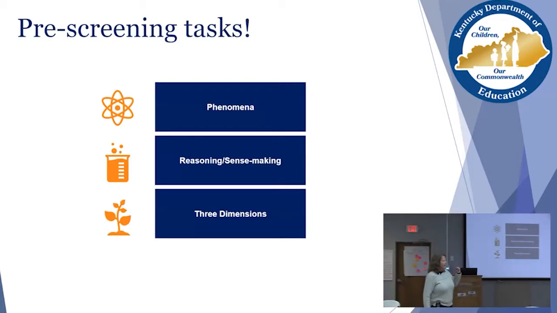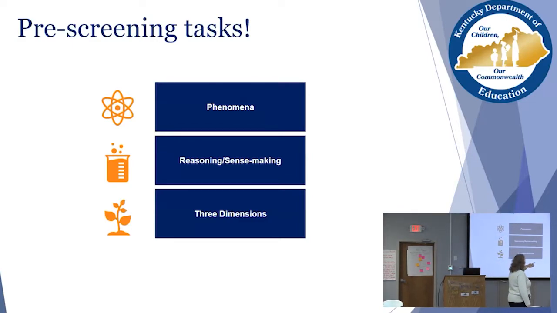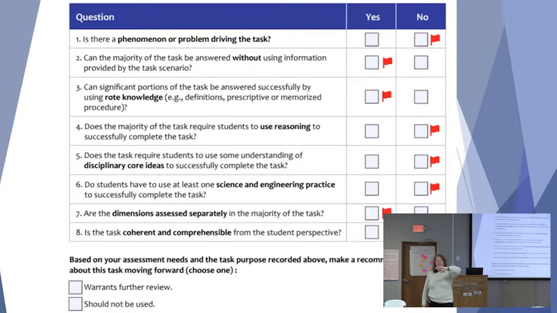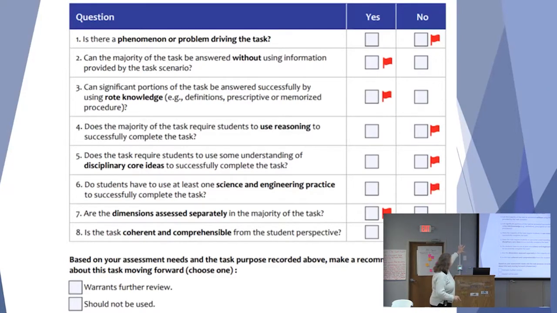Now, in your packet and in your virtual packet, there is a copy of the pre-screen that looks like this. So you'll have the first page. It talks about the pre-screening tool, and then when you turn the page, you'll have this image right here.